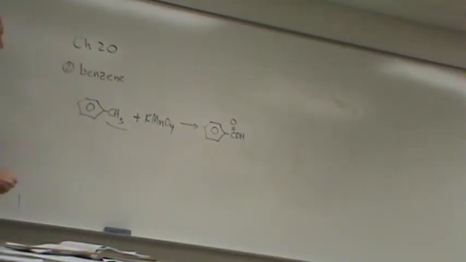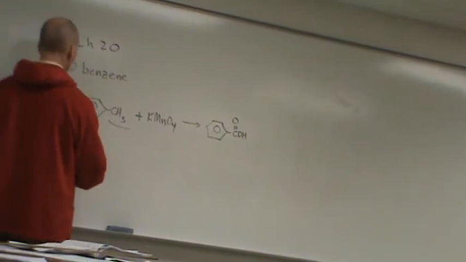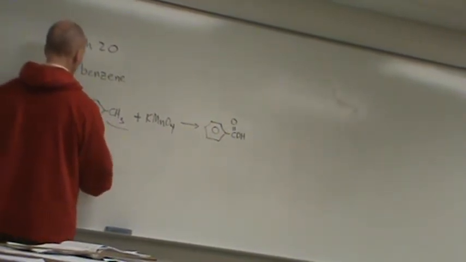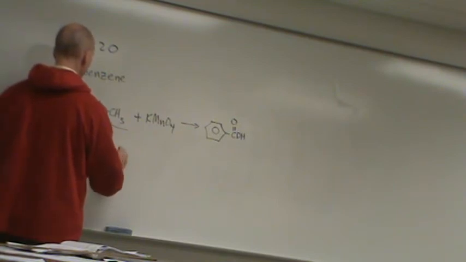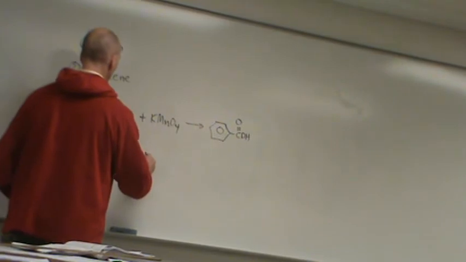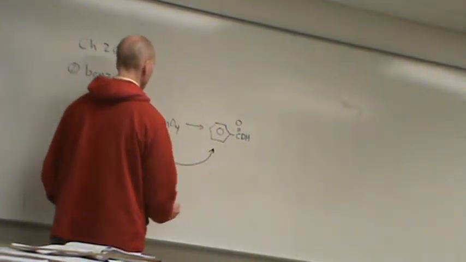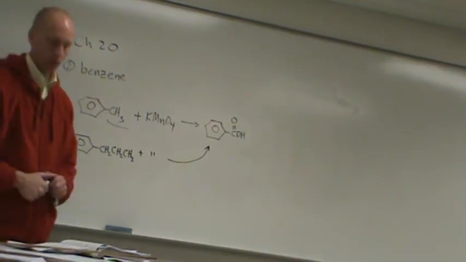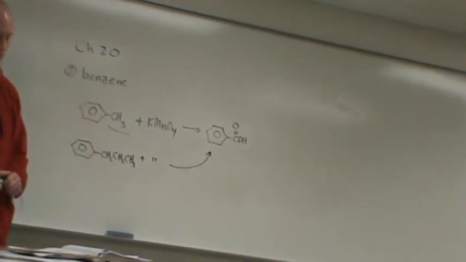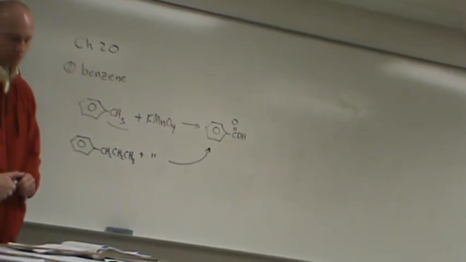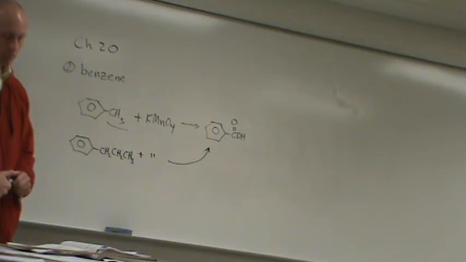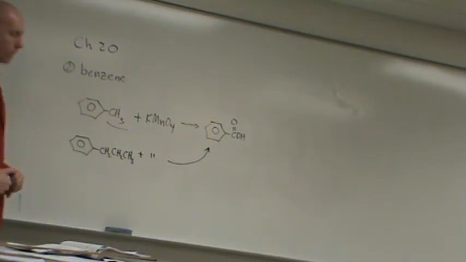So remember, again, it didn't matter if it was one carbon or a bunch of them. It would clip off a string of carbon atoms to the acid group. So that was another way to make benzoic acid.